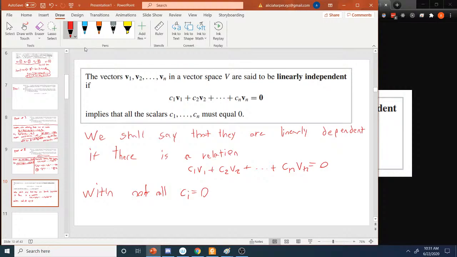So this is the notion of linear independence and linear dependence.